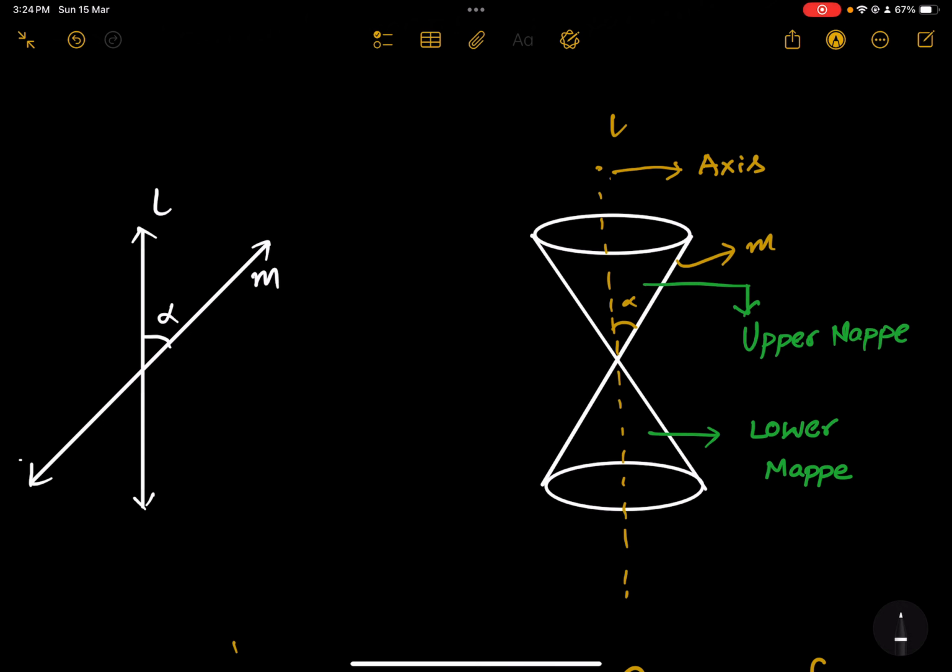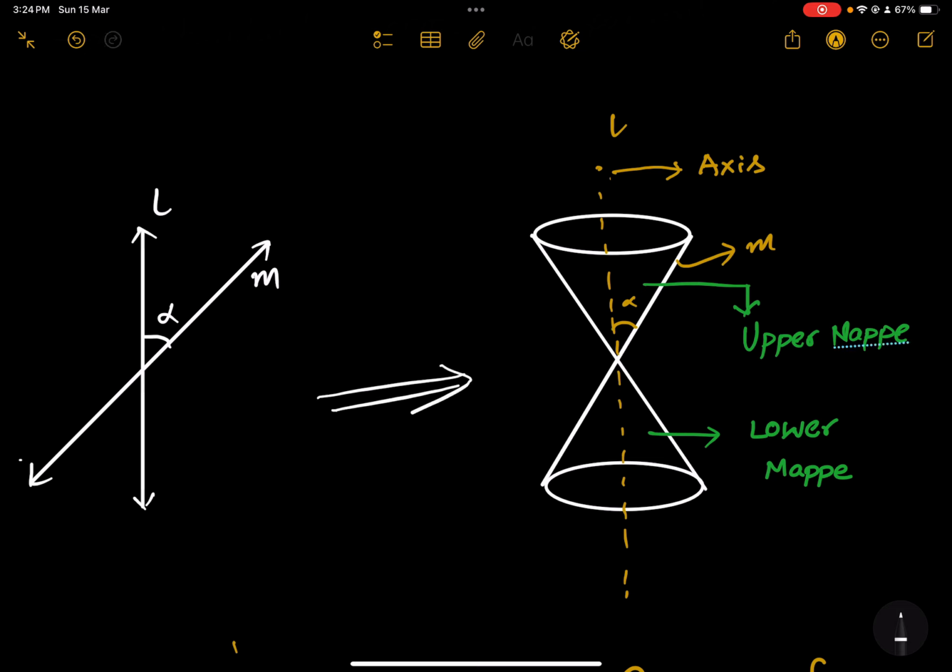So you have one line L and you have another line M which is inclined at an angle alpha to the line L. So here this line L is called the axis. Now you have these two lines, and by keeping the line L fixed, you rotate the line M without changing the angle alpha.